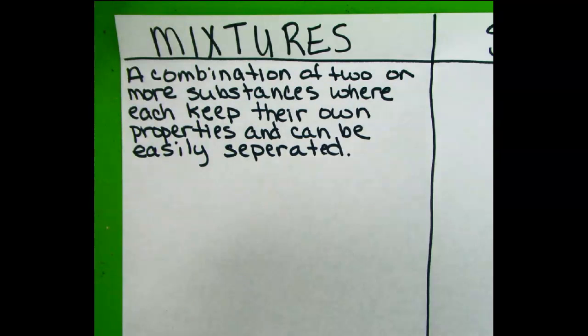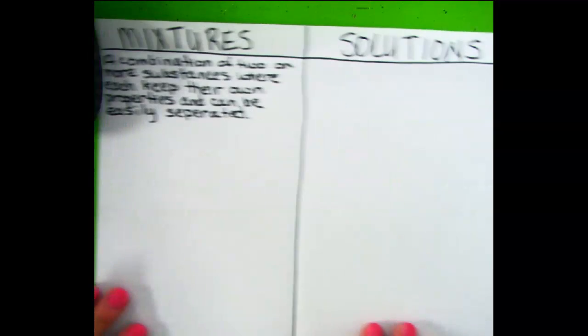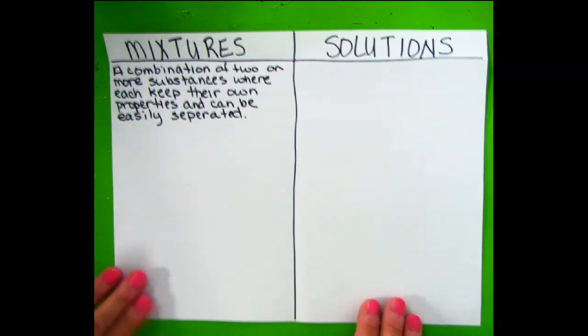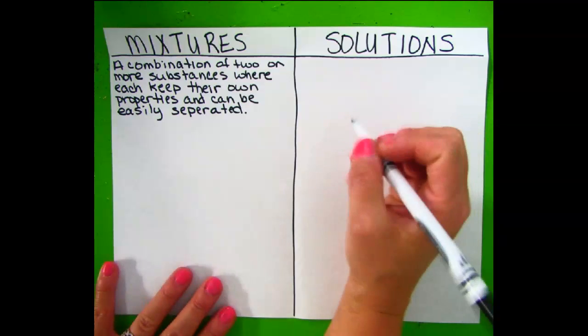All right, I'm going to zoom back out so we can go write the solutions one. So the definition for solutions is a mixture of one substance dissolved evenly in another.